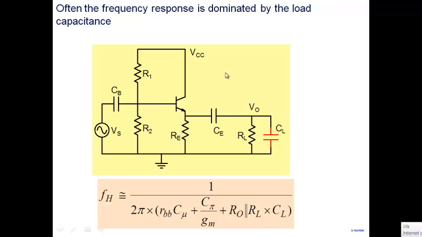When I look from here, my common collector amplifier appears to be an output resistance. But note that when I look from here, we are calling it resistance, but there are capacitances here. So when you look from here, it's actually an impedance, which varies with frequency.